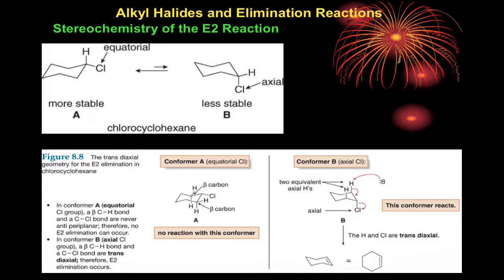Which one of those is responsible for the elimination chemistry? It turns out it's actually the least stable conformation. Because when I look at this, I can see that the halogen and the hydrogen are anti-periplanar to one another. When the chlorine is in the equatorial position, which is the most stable chair conformation, none of the hydrogens are anti-periplanar to that halogen, and that makes a difference.